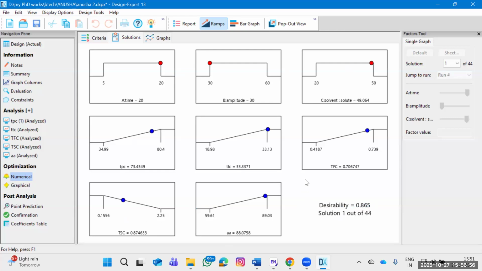So it shows that this statistical operation is the best fit for the experimental runs during the ultrasound assisted extraction.